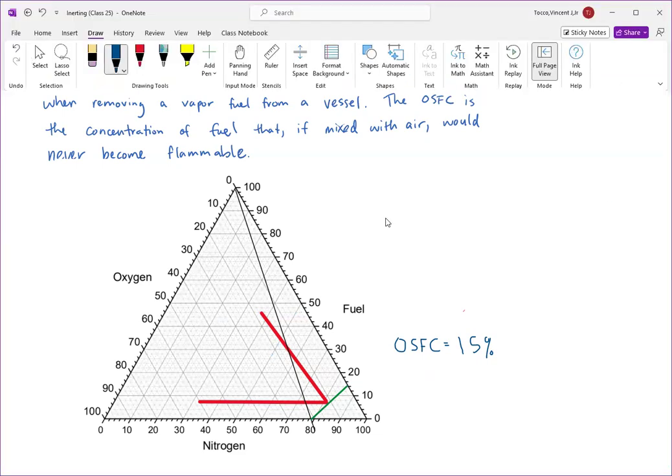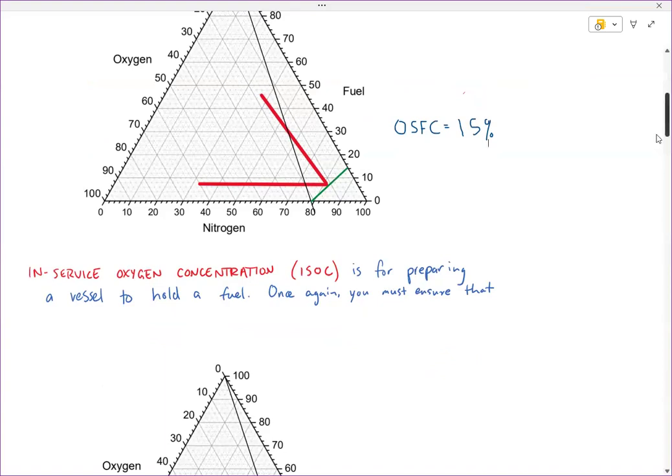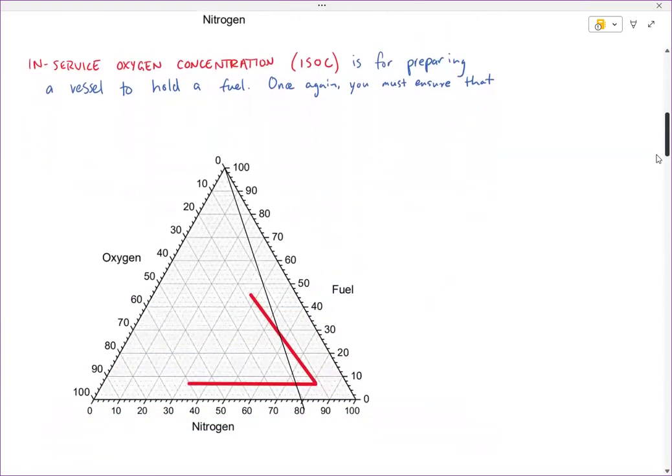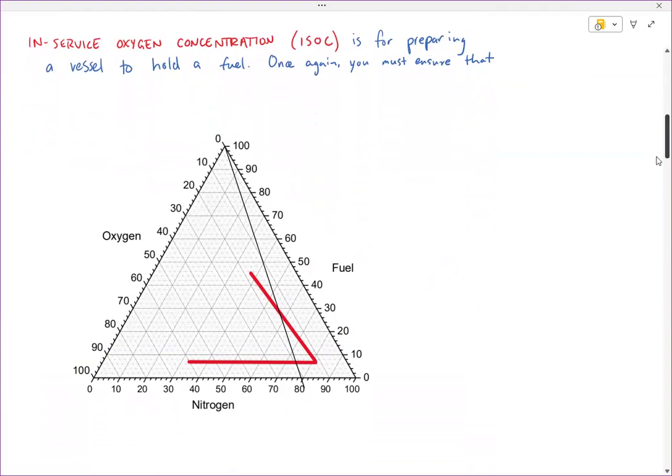Another situation that you might be interested in is if you are preparing to put a vessel in service. So let's say the vessel that we just took out of service, we had it offline for a week or two, and we did the maintenance or the cleaning that we needed to, and now we need to prepare to put it back into service. So here what I'm doing is preparing for the possibility that I have air in the vessel already.